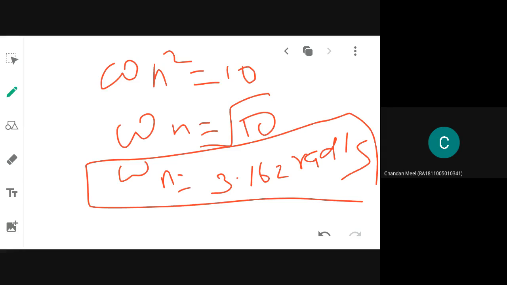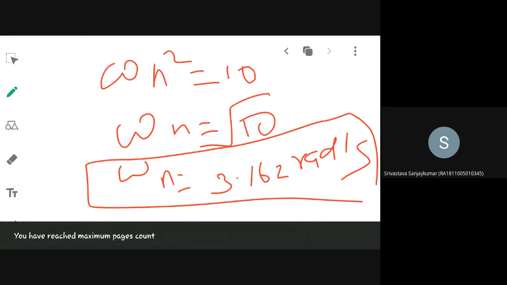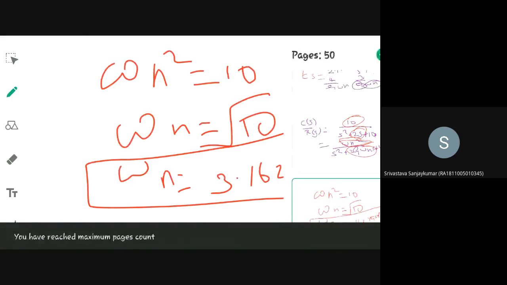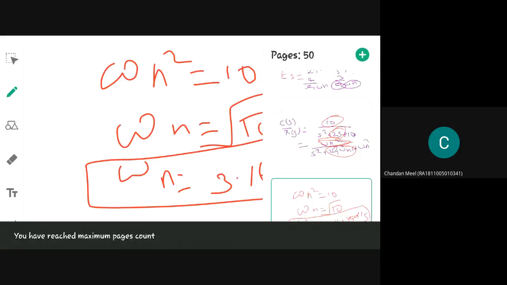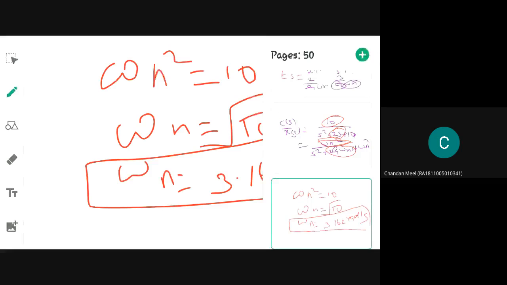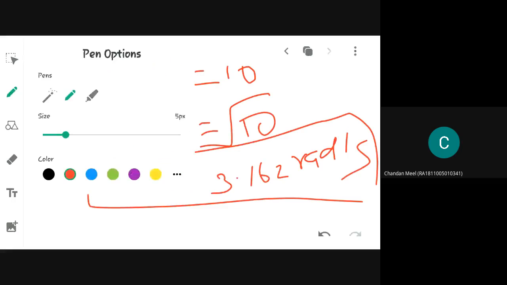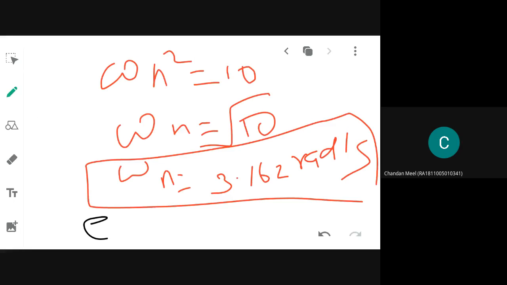Similarly, what is your zeta? 1 by root 10. Zeta is equal to 1 by 3.162.